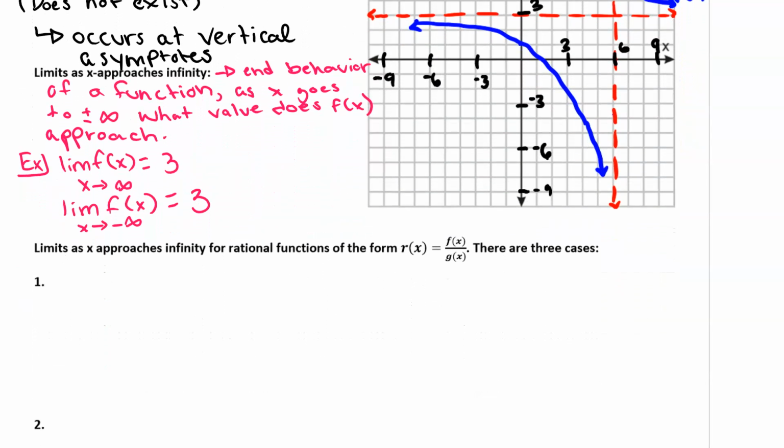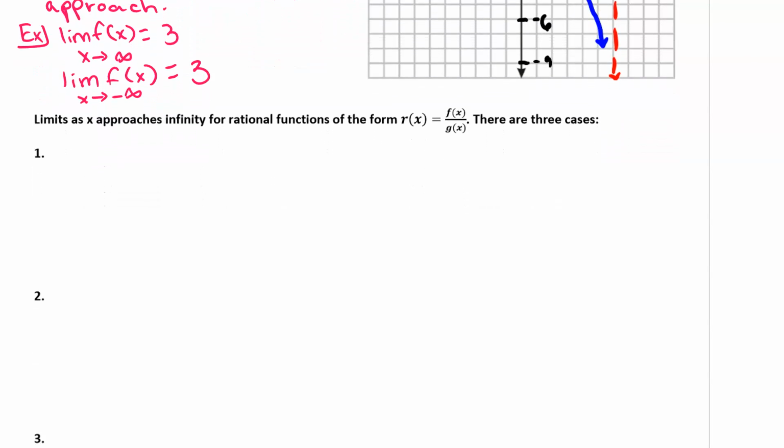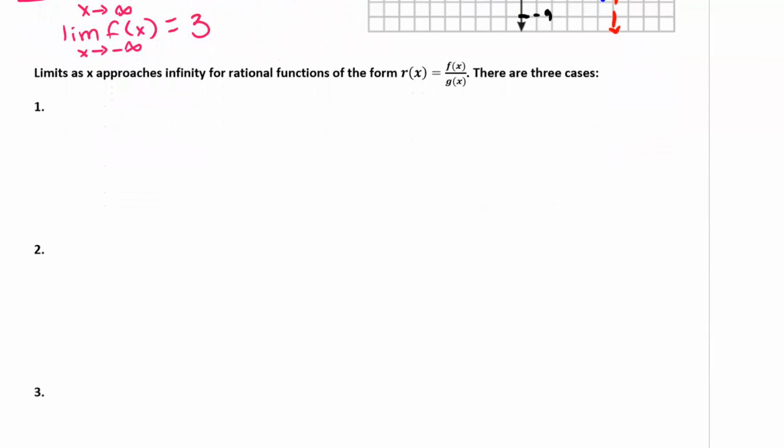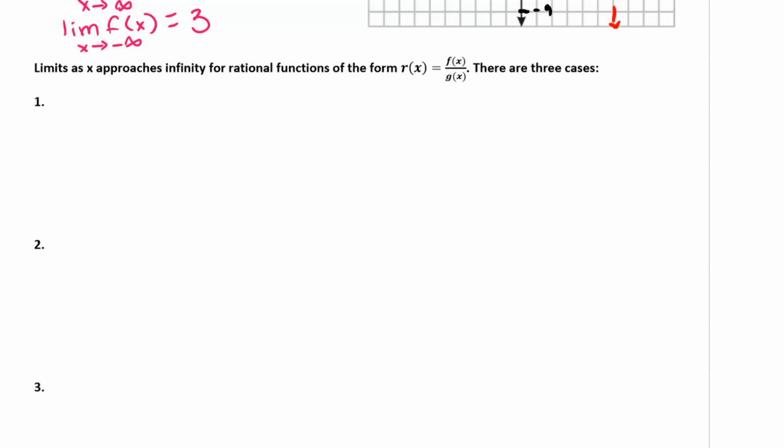So for rational functions, we have a couple of special cases, 3 in particular. The part that I didn't include here is that g of x cannot equal 0. But there are 3 cases, and they concern the highest degree term. The first case is where the highest degree term is in the numerator.